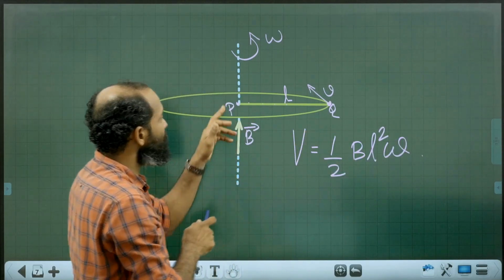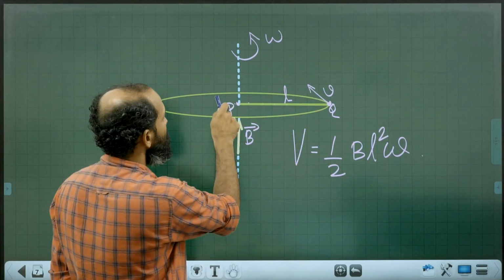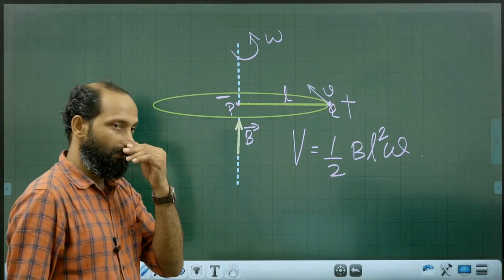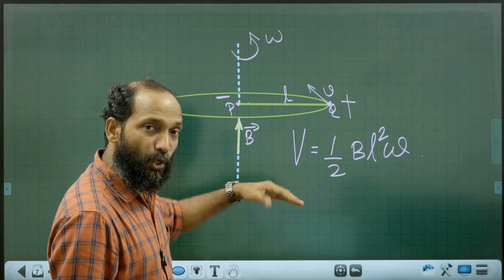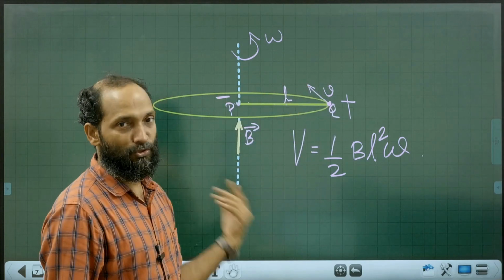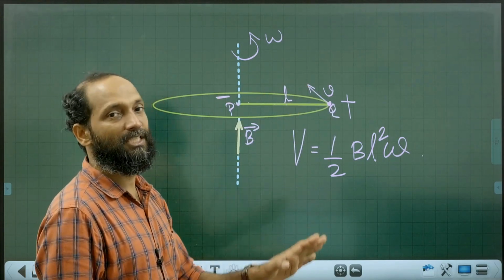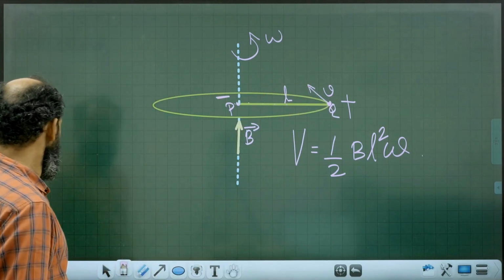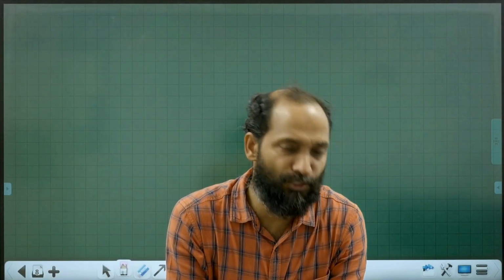So EMF is from P to Q, that is P minus, Q plus. There is no current if there is no closed loop. If there is a closed loop, that can generate a current. That's it. So induced electric field, induced voltage, induced current, induced EMF, then induced charge, motional EMF, all this.